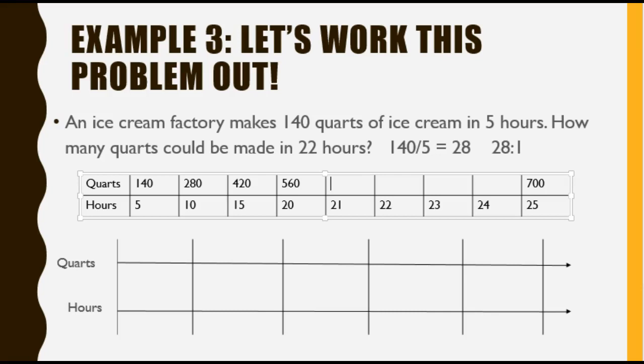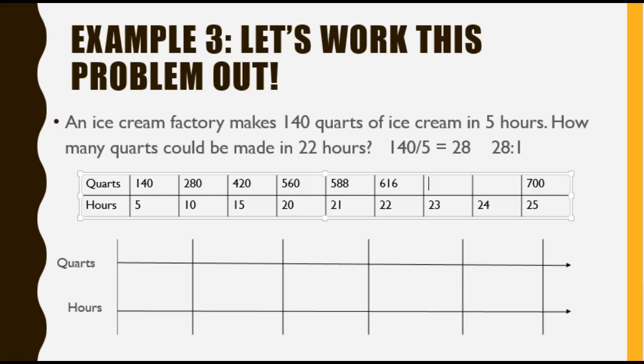Alright, so I can go up to 21 hours. I'm going to add 28 quarts to 560 to give me 588. Same thing, I'm just going to add another 28 quarts to get up to 22 hours, which gives me 616 quarts.